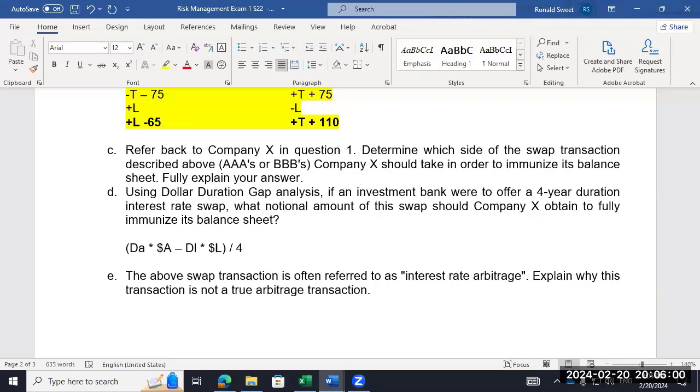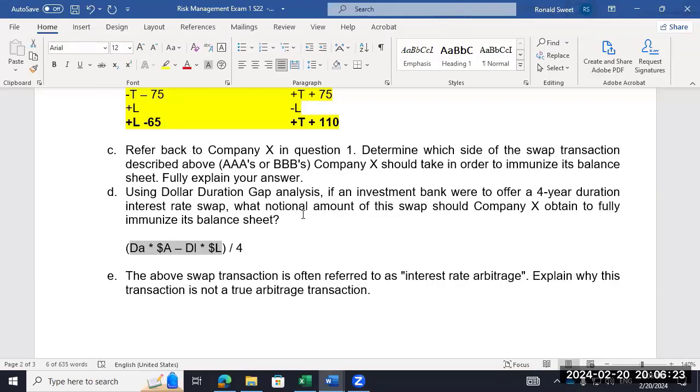So this inside here is the dollar duration gap, that formula. When you divide by 4, it tells you what notional you need. All right. So be real clear what we're asking here. The dollar duration gap analysis is that first formula. You use that to figure out how much notional you need. The amount you need depends on what duration you're getting on the swap.